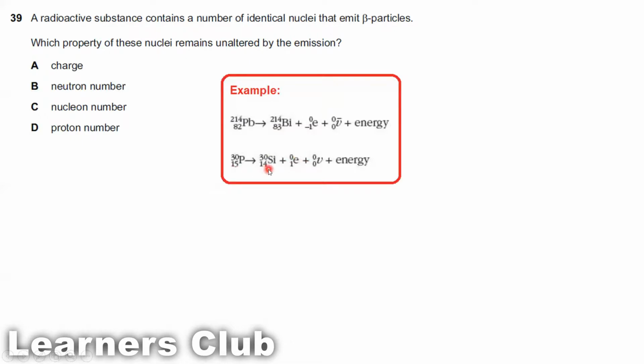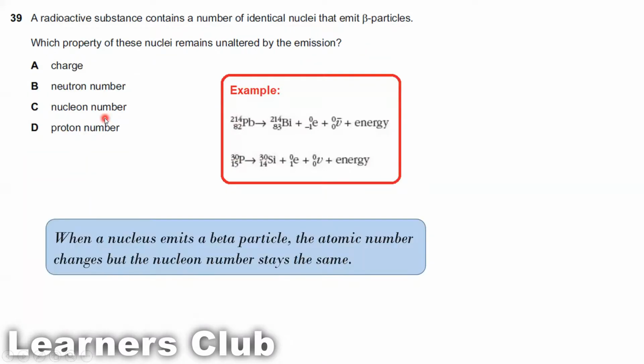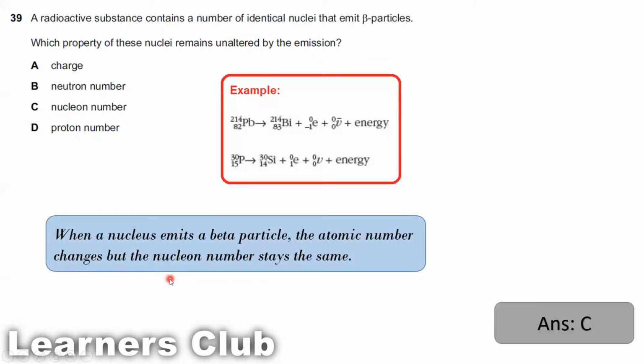However, whatever the emission is, the nucleon number remains the same. So the answer is C. When a nucleus emits a beta particle, the atomic number changes, but the nucleon number stays the same.